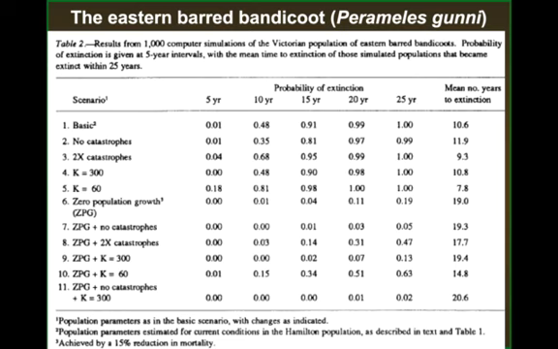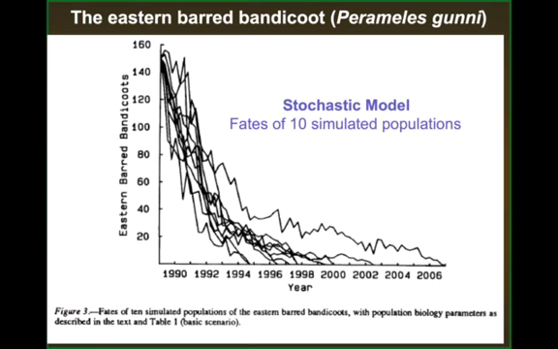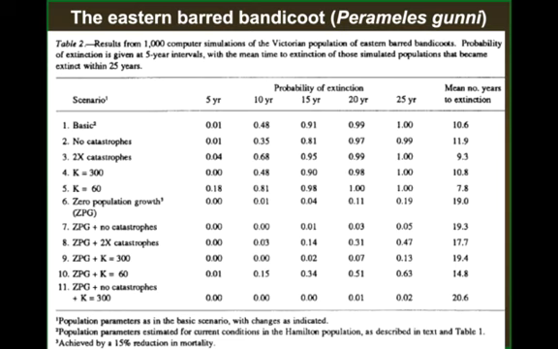And you can see that in that column to the far right. And so basically, the range goes anywhere from about 7.8 years under scenario 5 up to 20.6 years under scenario 11.